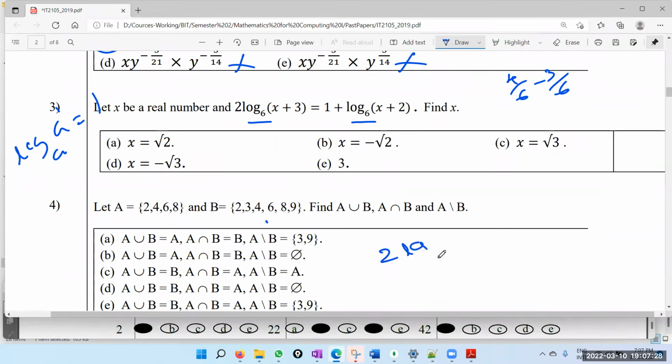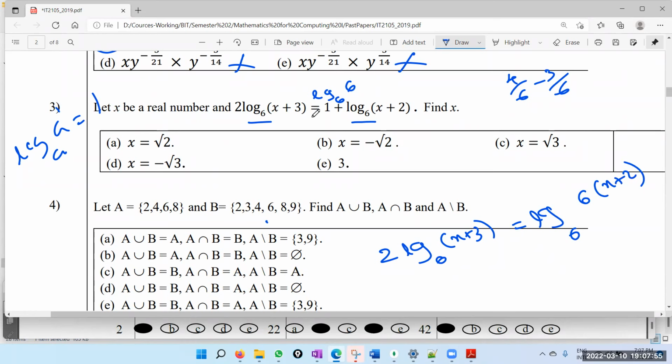2 log 6 of x plus 3 equals, this I can write as log 6. Addition of logs can be written as a multiplication. So therefore this is log 6 times x plus 2.